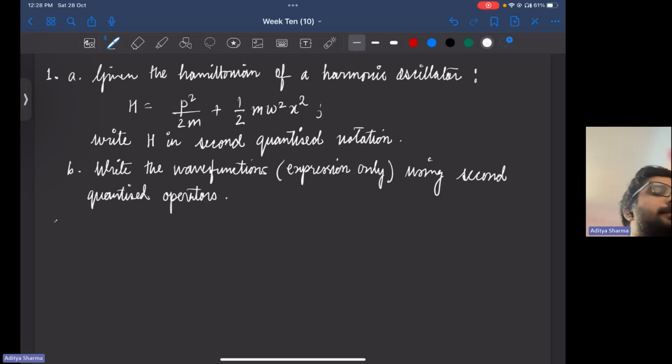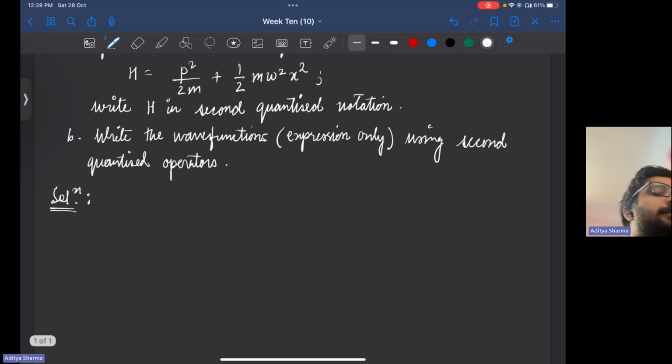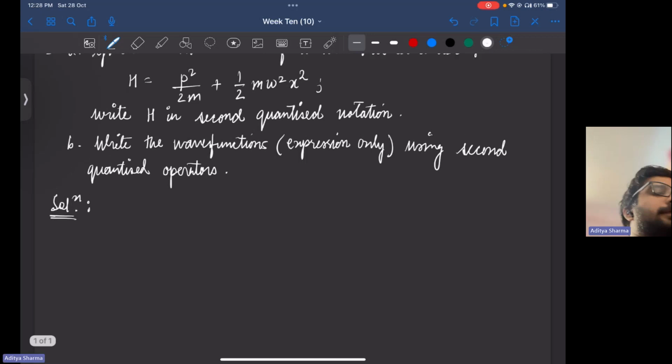So the solution, okay, let me start. The solution for this is we need two operators, and these two operators should satisfy the canonical commutation relations. That is, [x, p] is equal to i h-bar.